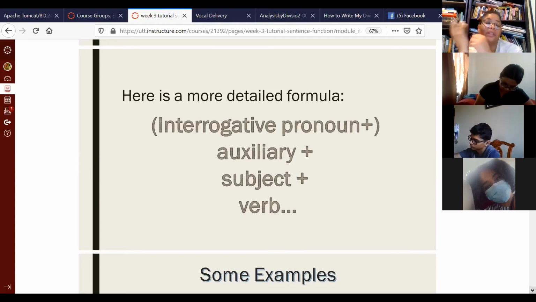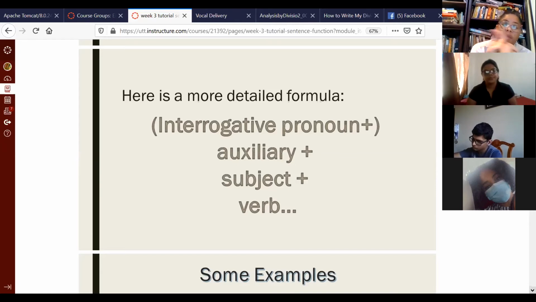If there is no auxiliary verb, but usually there's an auxiliary verb, either the verb to be, the verb to do, or the verb to have. Those are our typical auxiliary verbs. An auxiliary verb helps the main verb to function, right? So what, interrogative pronoun, have, auxiliary verb, you, subject, done, main verb.